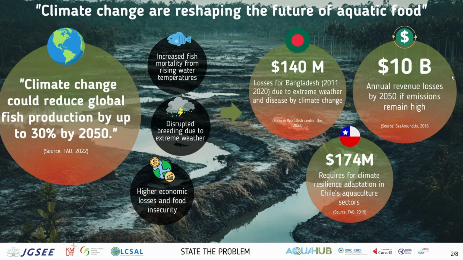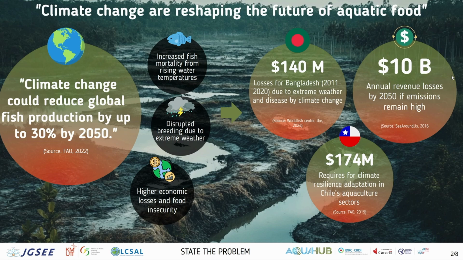For an example of the damage nowadays, Bangladesh lost around 140 million from 2011 to 2020 due to extreme weather and fish disease resulting from climate change. Next, Chile also lost around 174 million in aquaculture.